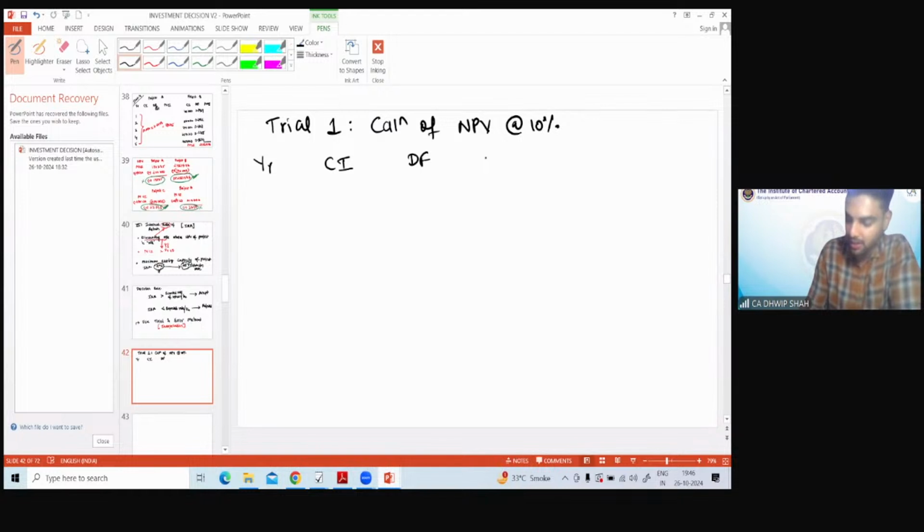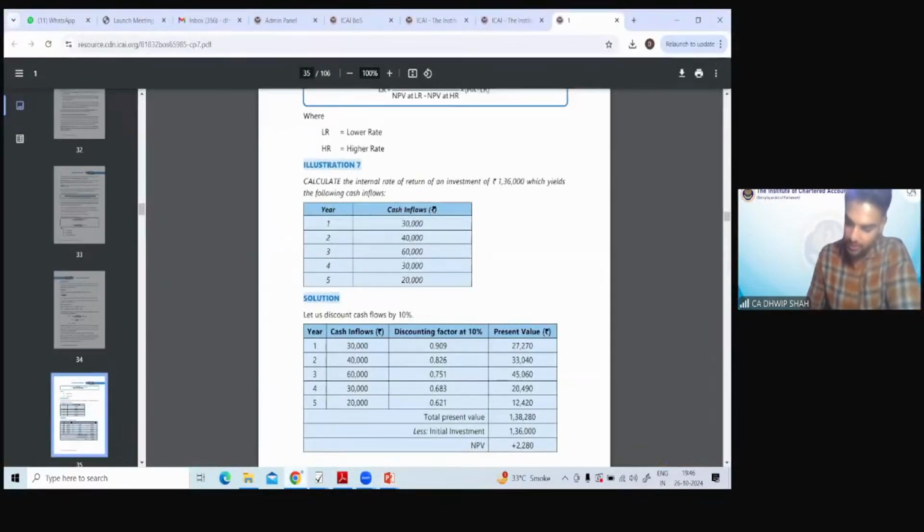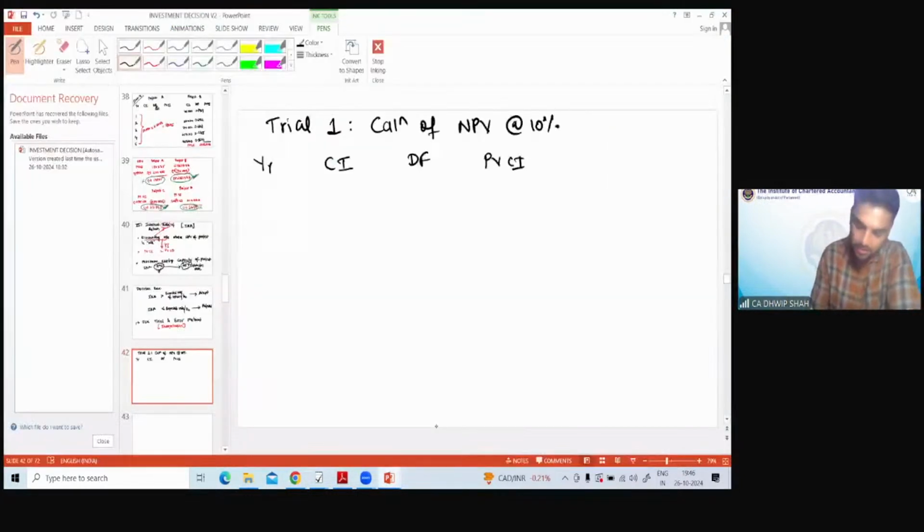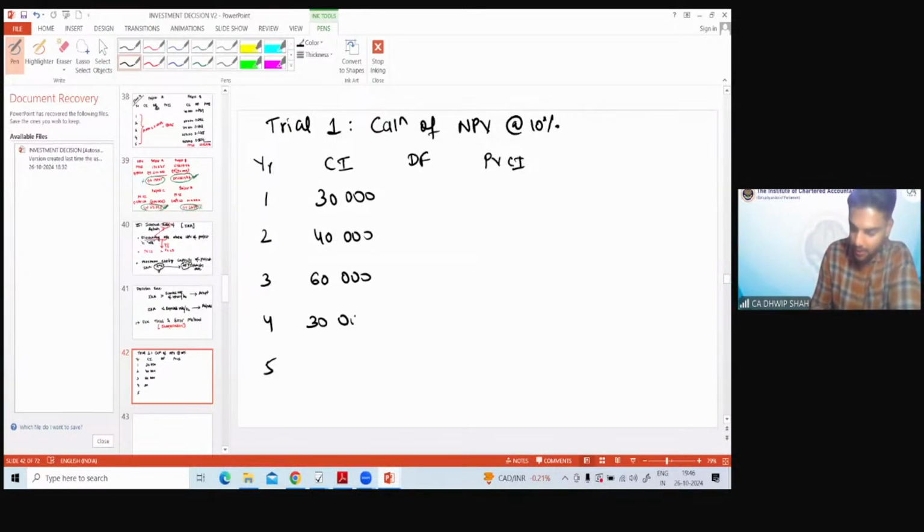Discounting factor and PVCI. The cash inflows are 30, 40, 60, 30, 20. Now our trial one is discounting rate at 10%.